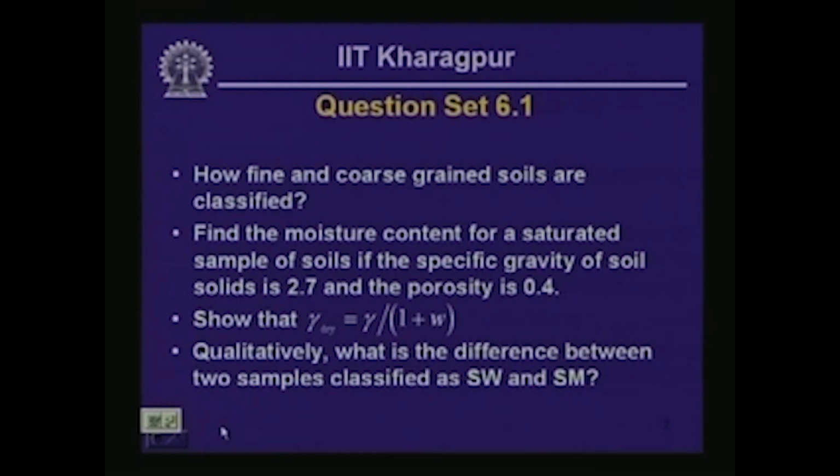Okay. Then the fourth question that I asked was qualitatively what is the difference between two samples classified as SW and SM. So the crux of the matter in this case is that both of these specimens are going to have representation of a large range of grain sizes, but the difference between SW and SM is essentially that SW, well graded sand, has got very minor amount of fines present.